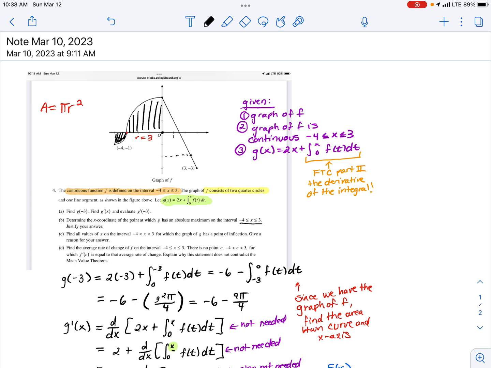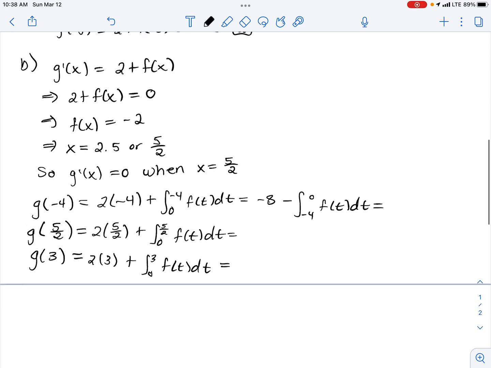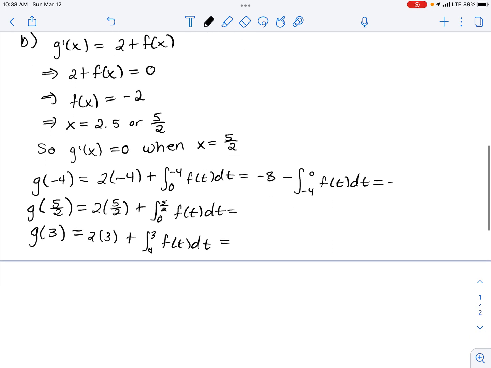So this area, it looks like the radius is 1. So this is going to be pi over 4. But remember, because it's below, this is actually negative pi over 4 within the integral. So -8 minus negative pi over 4 plus 9 pi over 4.